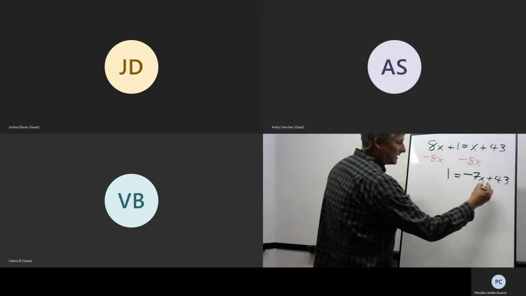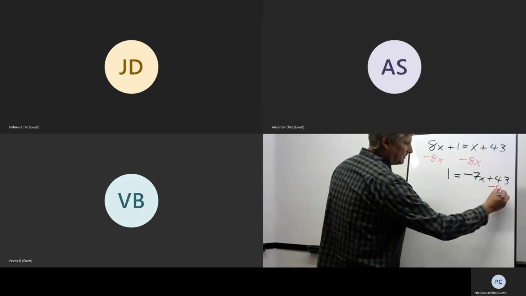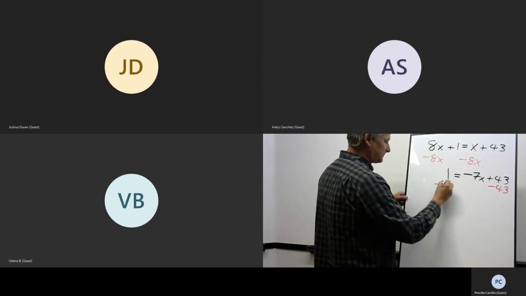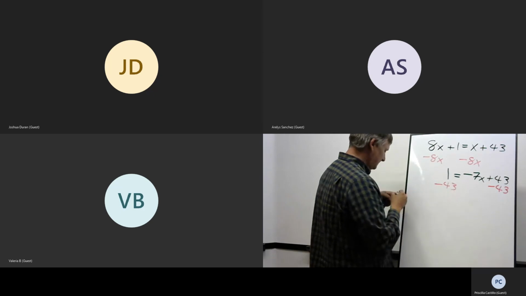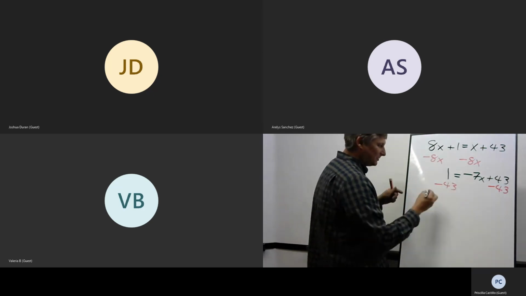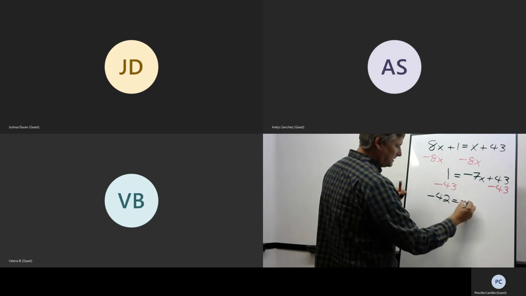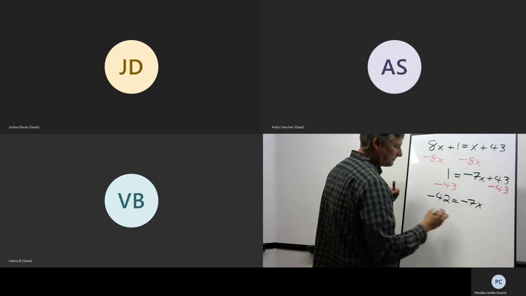Well, now I got to move numbers. I got to get rid of this 43. Opposite of adding is subtracting. So again, I'll get negative 42 is equal to negative 7x.